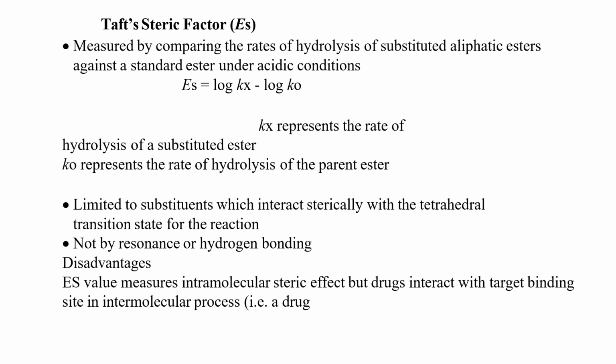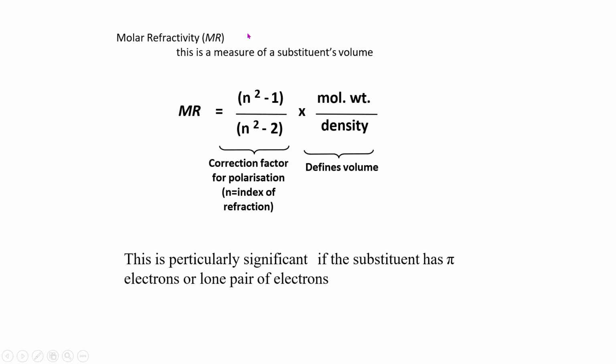So this is a limitation: the Taft steric factor quantifies intramolecular steric effects and not intermolecular steric effects, but the steric property actually involves an intermolecular process. This is a very important limitation with respect to the quantification of the Taft steric factors.